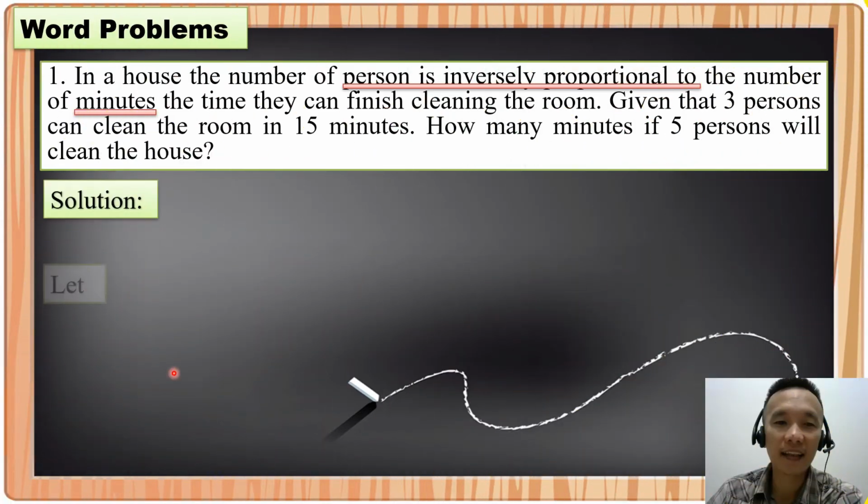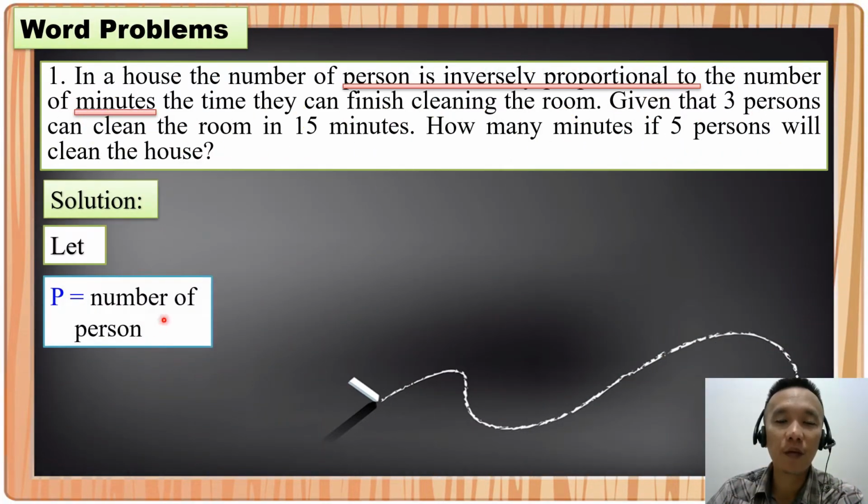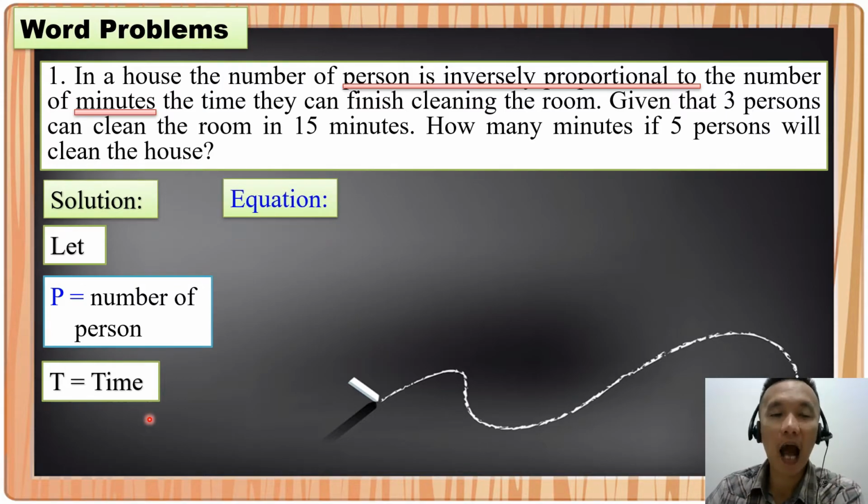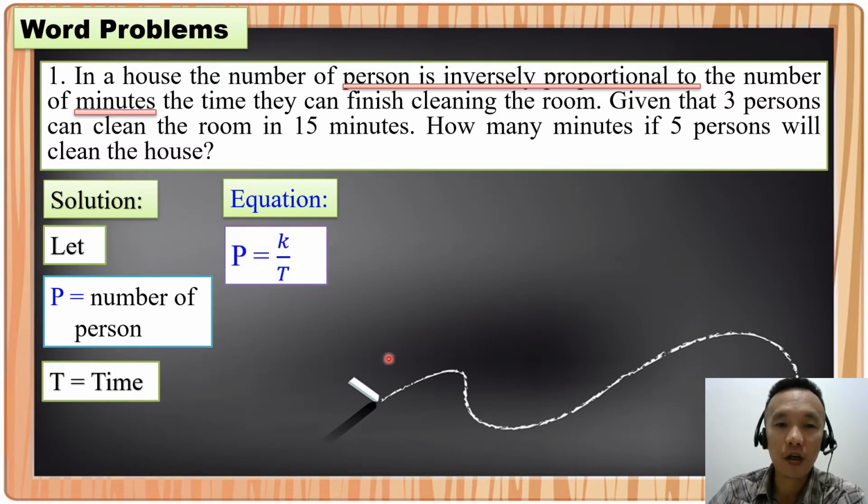So we can let P be the number of persons and T be our time, in minutes. The next step is to write our equation. Take note, it is inversely proportional. Therefore, P is equal to K over T.